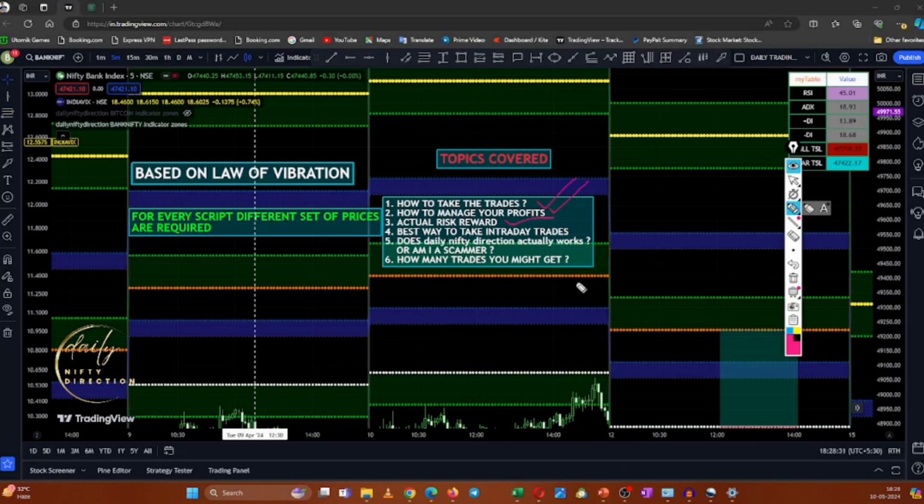But if you want to be an intraday specialist, you will have to understand the reality. Okay, and fourth I would be explaining the best way to take intraday trades. Fifth, I would be explaining whether the direction that is provided in our Telegram group, that is Daily Nifty Direction group, actually works, or am I a scammer?